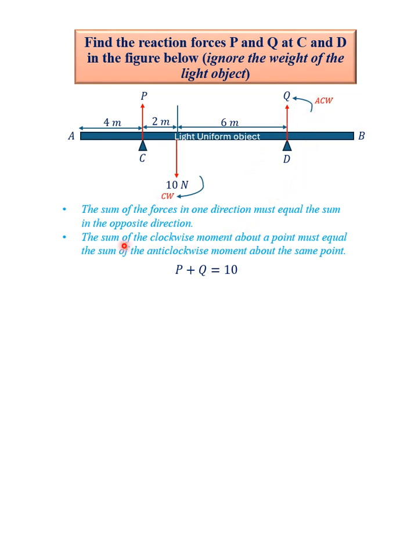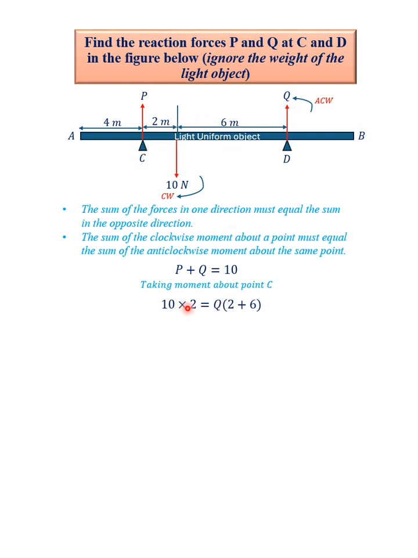Now we have identified both clockwise and anticlockwise moments. We can now equate them. From the second condition, taking moments about point C, the clockwise moment will be 10 times 2, the distance between the force and the point we've picked. So 10 times 2 will be equal to the anticlockwise moment, Q times 6 plus 2, because the distance from Q to the point C is 8.